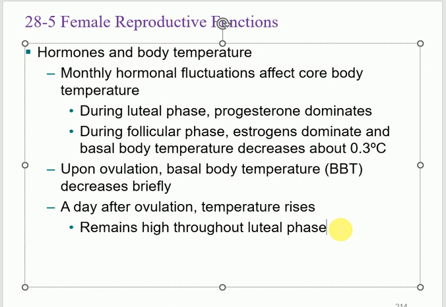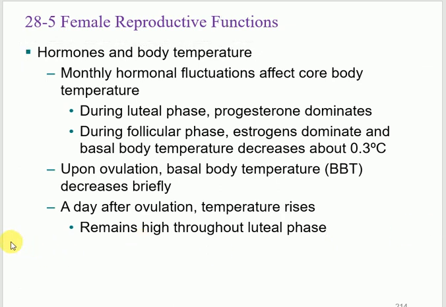So if she wants to know, this is one of the things. There are several things, but one of them is, if she knows this is around day 14, plus or minus, but she doesn't know exactly, she can measure the temperature and find it rising, because before that it drops. After it drops, it will rise. If that happens, it means this is the ovulation, in case she's trying to conceive.